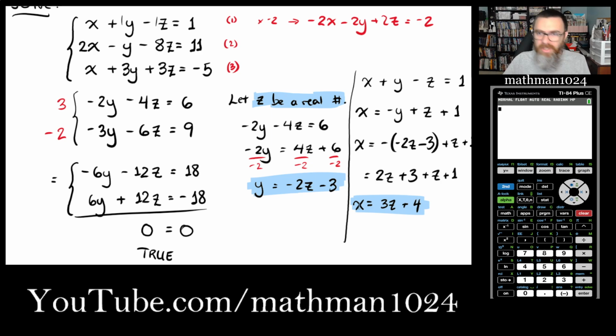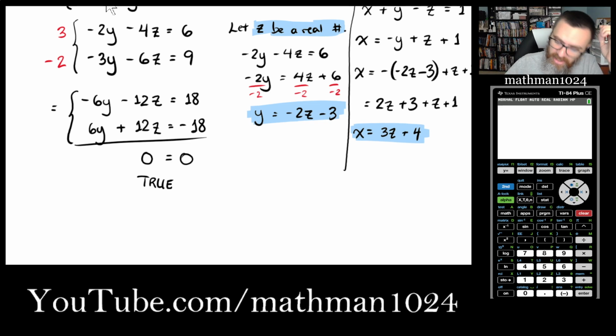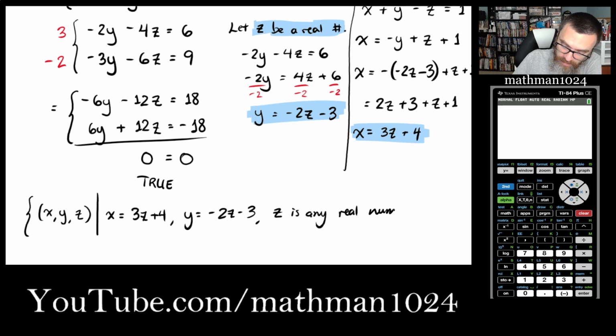And you would have had the same outcome if you had plugged that into any of the other original equations. It all would have simplified to be x equals 3z plus 4. So if you were to write, say, an ordered pair for this, or ordered triplet, it's going to be of the form, of course, x, y, z, where x is equal to 3z plus 4, y is equal to negative 2z minus 3, and then z is going to be any real number.